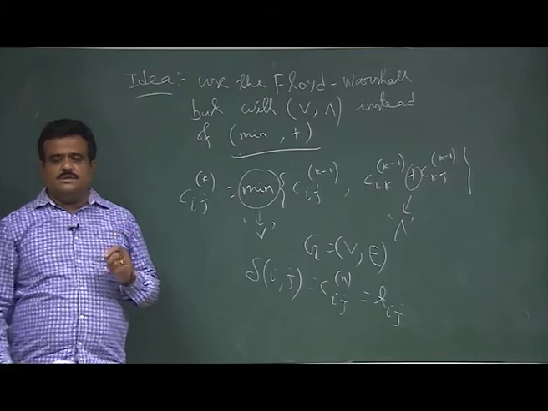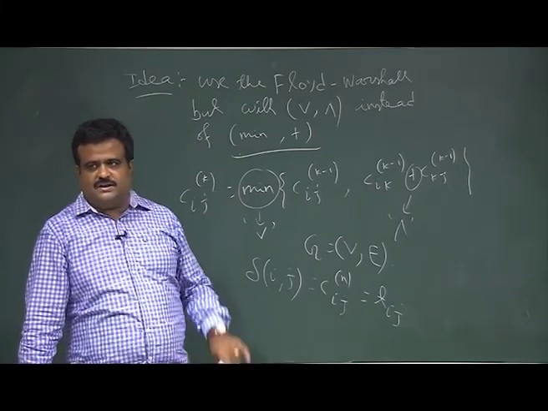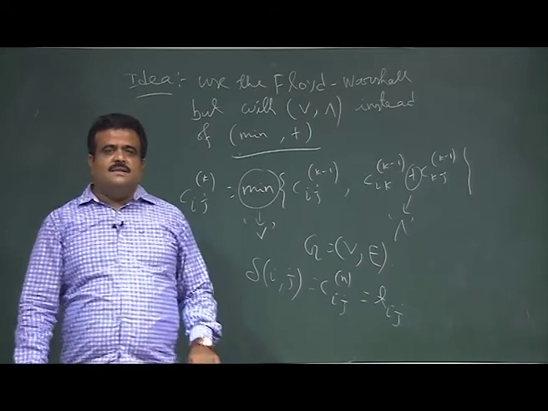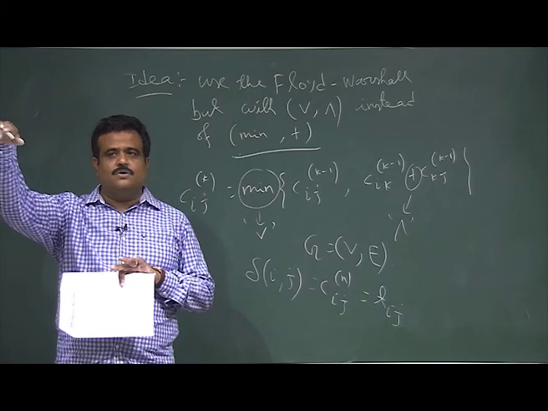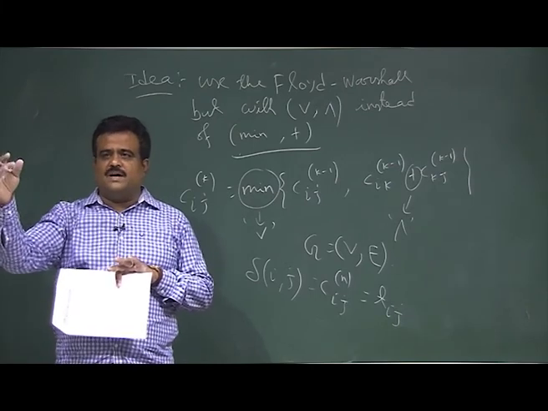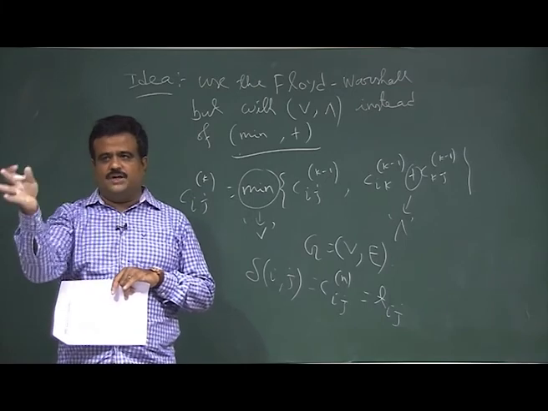Why? Because if we add a weight of 1 to each of the edges, then if there is a path, there is a shortest path. We are not bothered about the shortest path here, we only care whether there is a path from i to j.